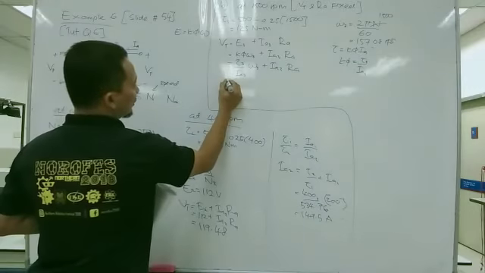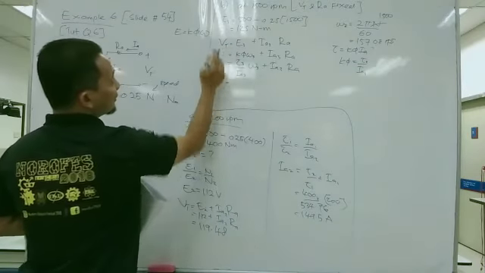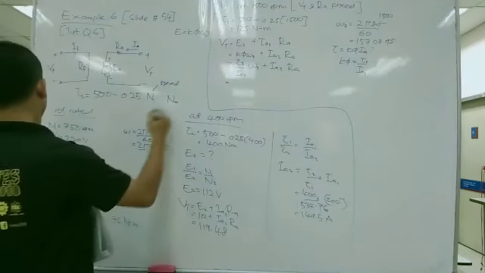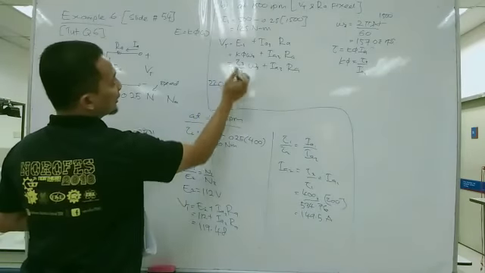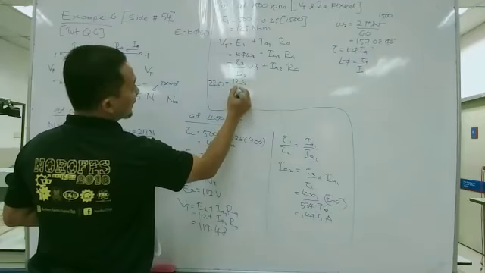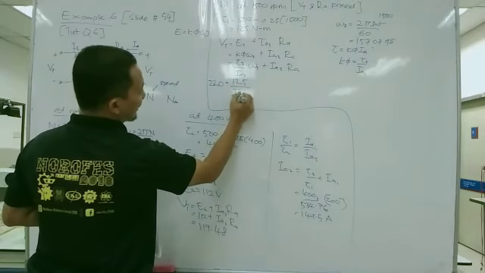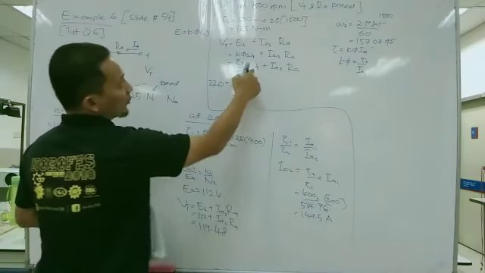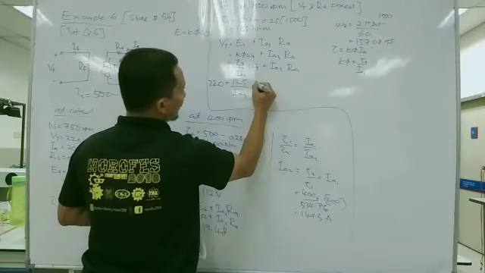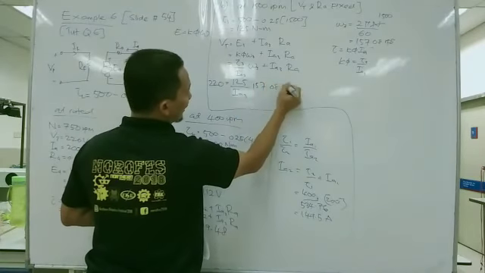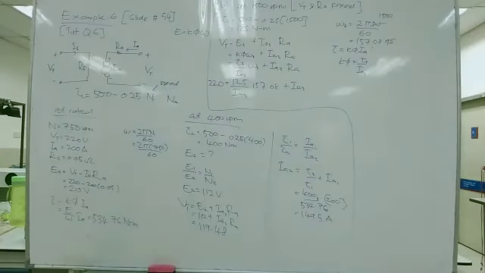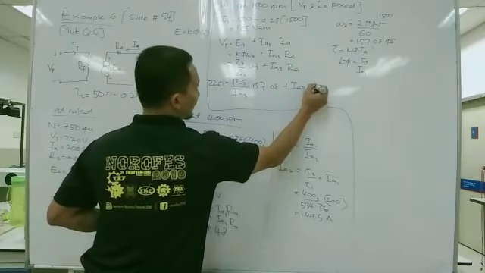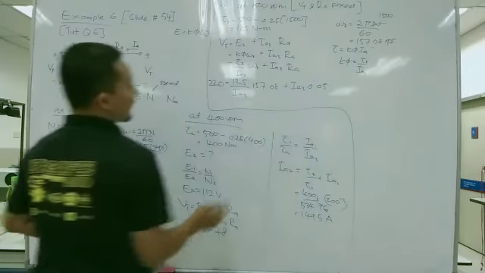So from here we have V3 equal to 220 equals torque 3, which is 125, divided by IA3, times omega 3 equal to 157.08, plus IA3 times RA equal to 0.05.